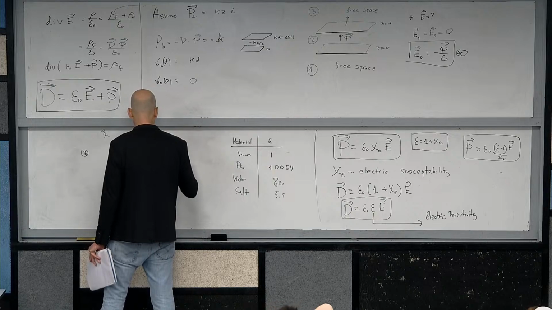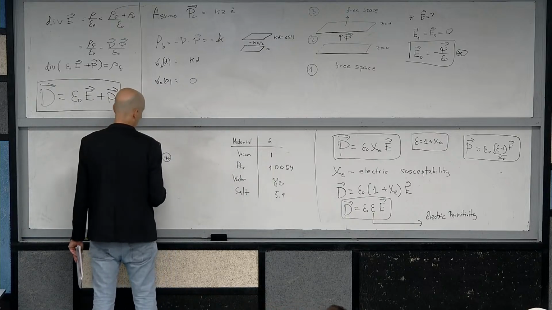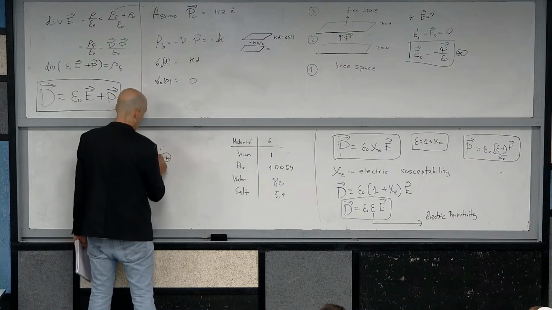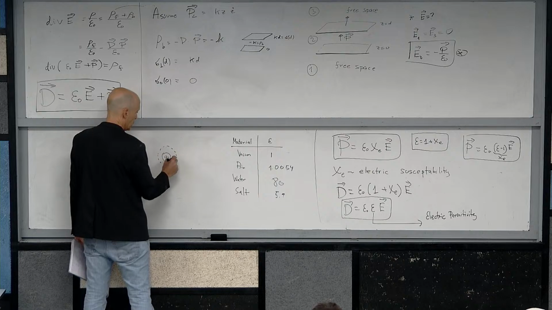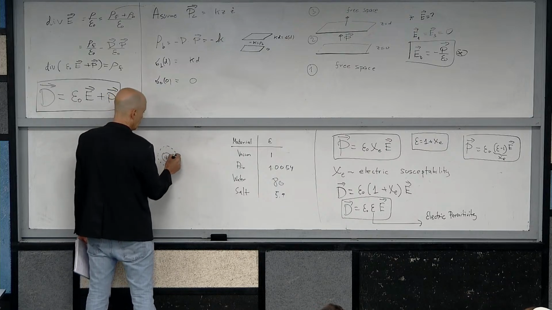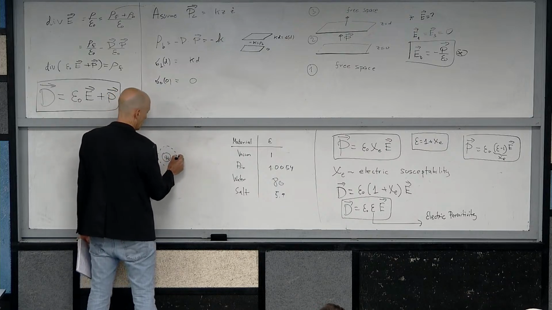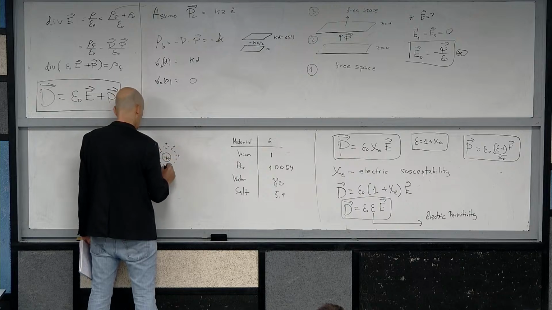QF, so let's say it's positive. What will happen? So I'm going to plot here some imaginative radius where the water is. And what will the water do? We'll think about it as dipoles, so we have minus plus, minus plus, minus plus, plus minus, minus plus, minus plus.